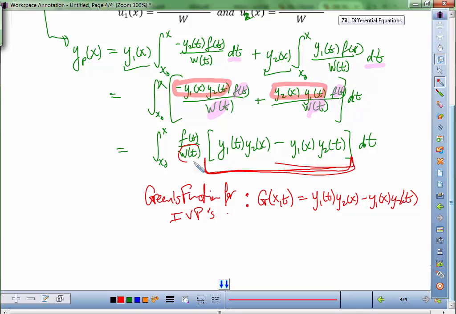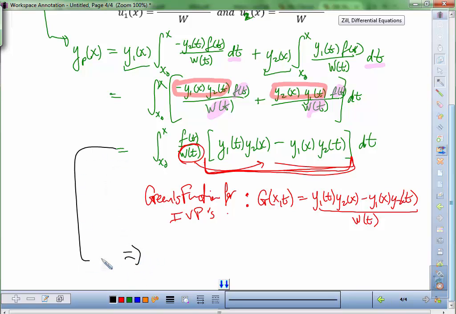So let's put this as part of Green's function. Yeah, that would make sense because the Wronskian has y1 and y2 in it, so they keep all the y1s and y2s. So that is going to allow us to write your integral as an integral from x naught to x.